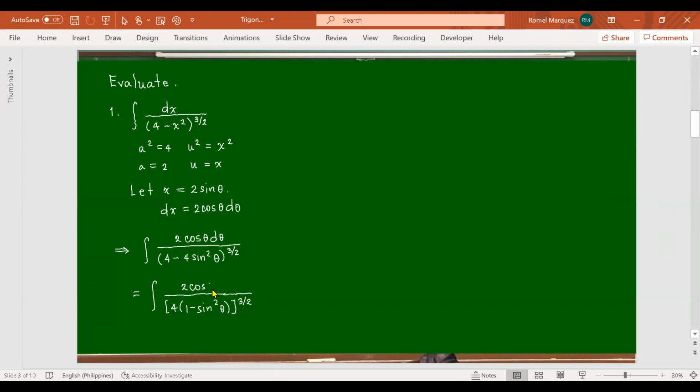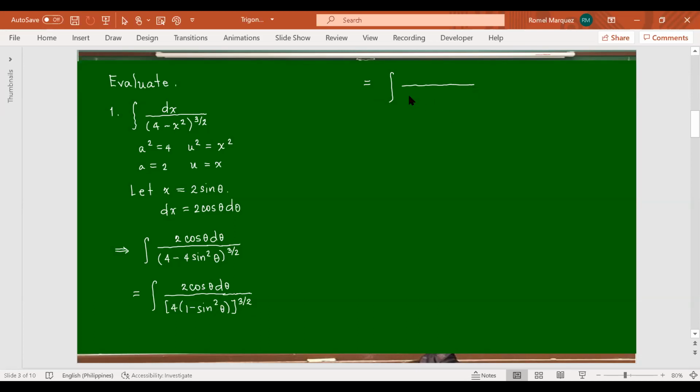Sine theta in the numerator, d theta. So again, what is 1 minus sine squared? That is equal to cosine squared. So getting the integral of, let's copy the numerator: 2 cosine theta d theta.